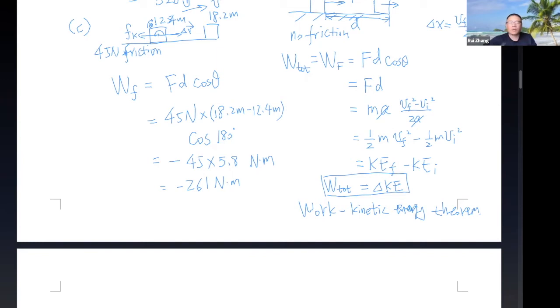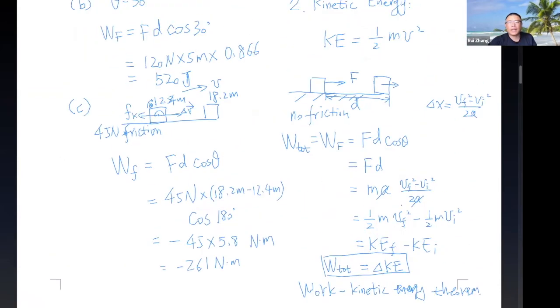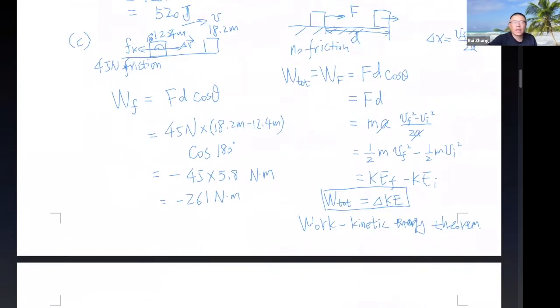So this is what we're talking about. Defining kinetic energy in this way helps us to have this relation between work and kinetic energy change. So how do we understand this simple equation?